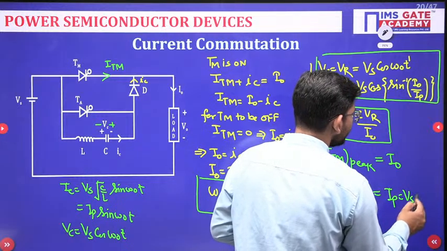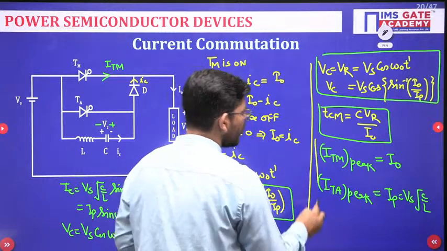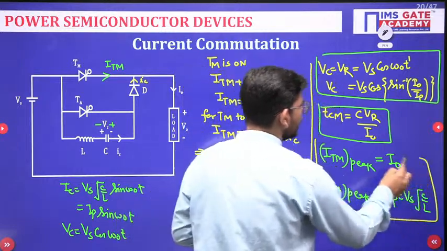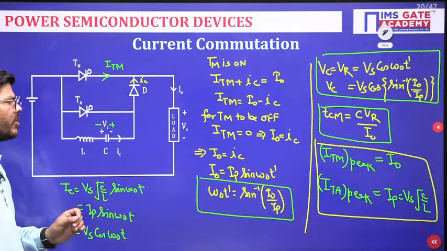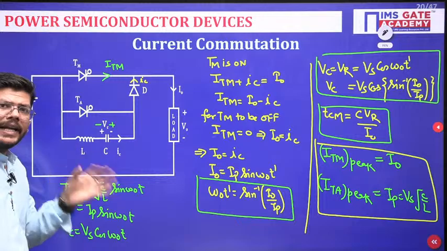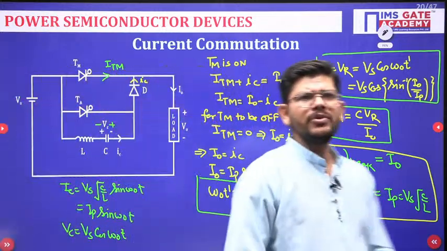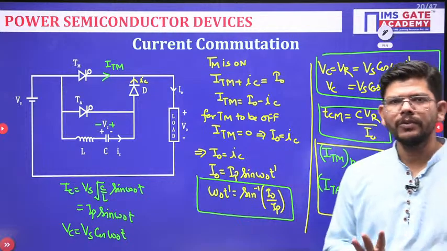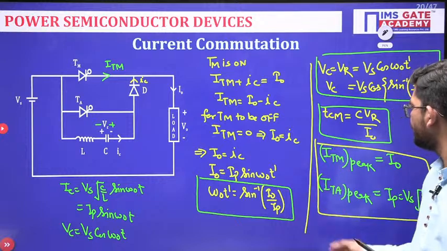So the peak value across the auxiliary thyristor will be IP. All these are the important formulas written in front of you, and you can analyze this anytime. The current commutation circuit will always be given in the problem, and you can analyze everything whenever you want. So no need to pressurize yourself for remembering the formulas.